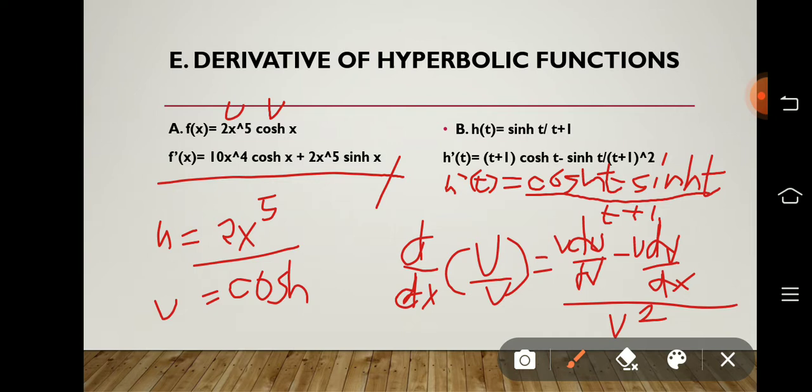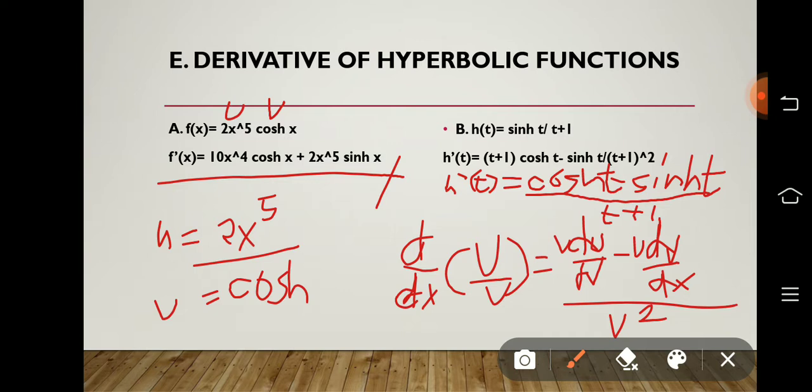So we use the formula of d over dx of u over v equals v du over dx minus u dv over dx over v squared.